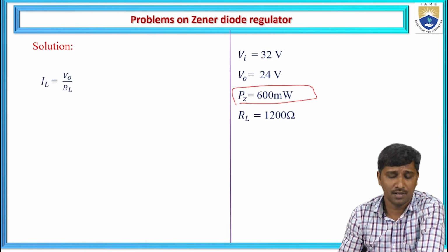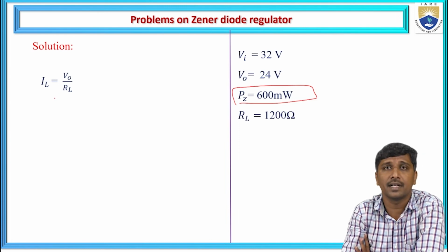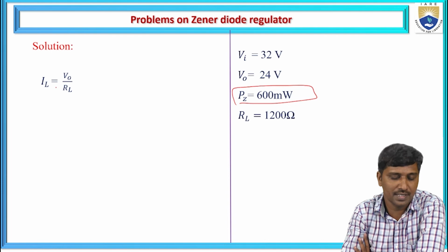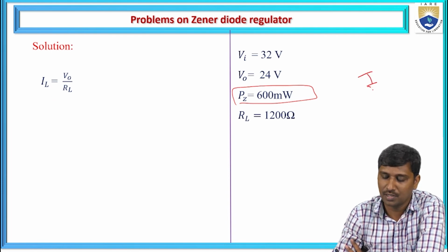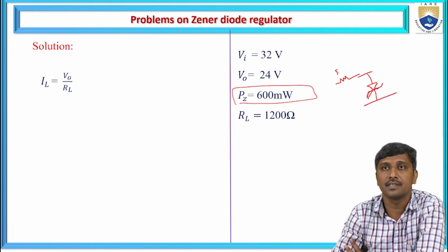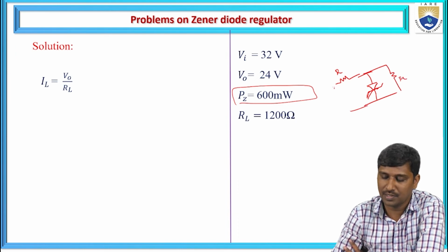For this case, first I'm going to calculate the current across the load resistance for the given circuit. So let's take this as the series resistance R, and here we're going to place the RL. Now this is a reverse bias configuration, hence a negative polarity is connected to the anode and a positive polarity to the cathode.